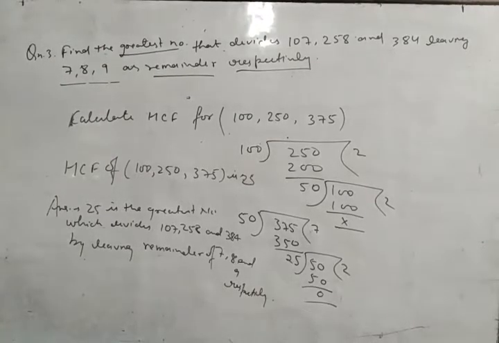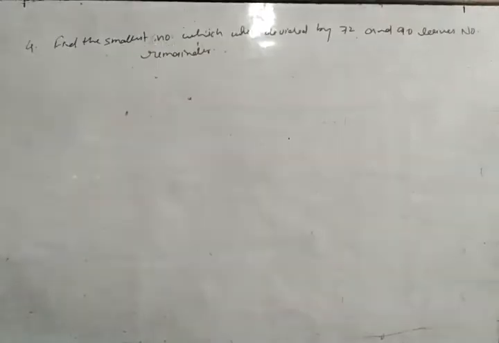Now we will move on to the LCM part, or you can say the smallest number. There is a question: find the smallest number which when divided by 72 and 90 leaves no remainder.